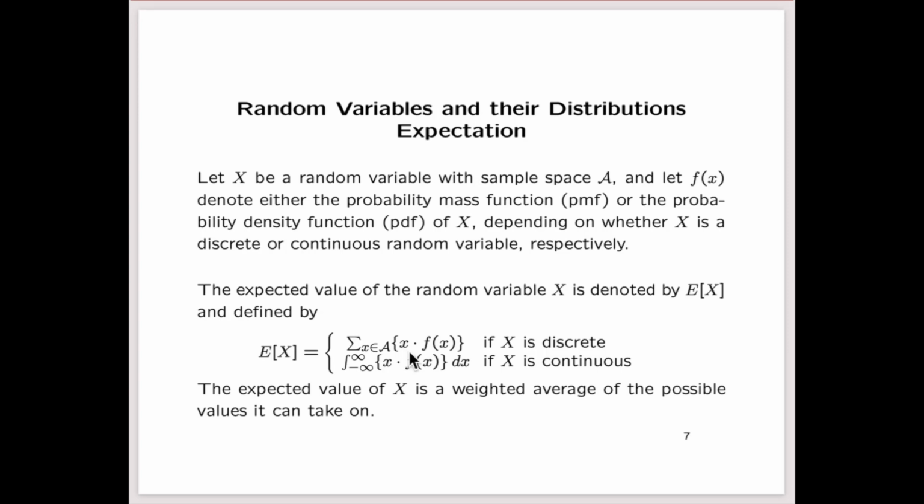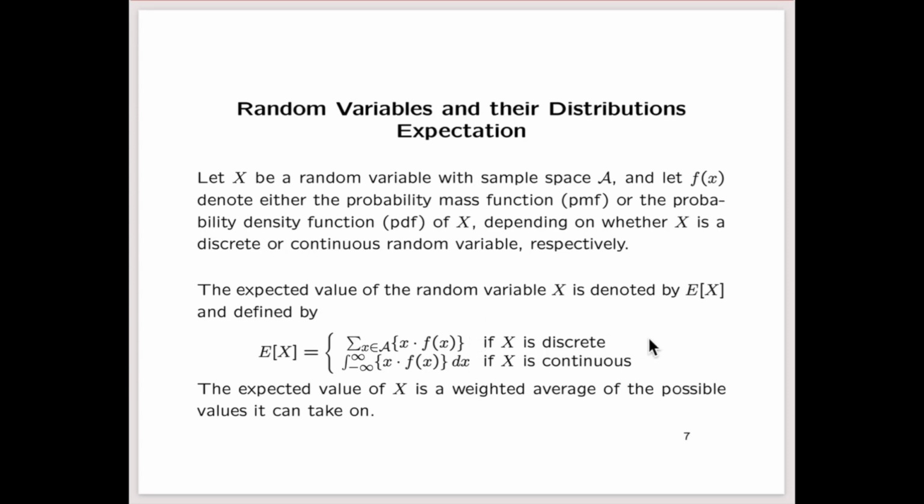Now, the sum of the weights, the sum of the PMF values over all values of x in the sample space, is just 1. So not only is this a weighted sum, but this is a weighted average. And so we can see that the expected value of X is a weighted average of the values in the sample space of the random variable, the weights being the probabilities associated with each value.